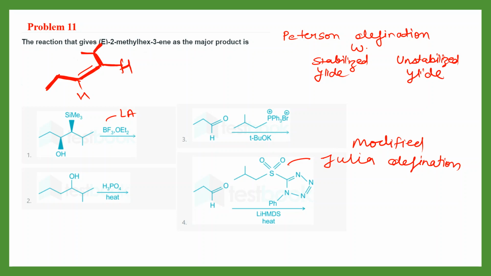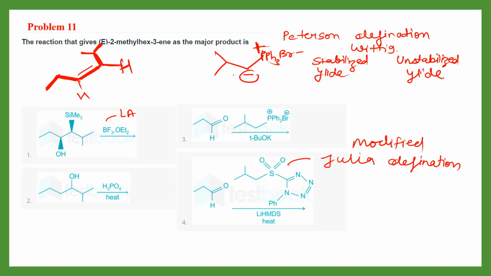Remember, students, in Wittig, first your ylide forms, PPh3 positive, Br negative. Base is there, it will abstract proton from here. Whenever you have a carbanion attached to any heteroatom which is having positive charge, it is known as ylide.